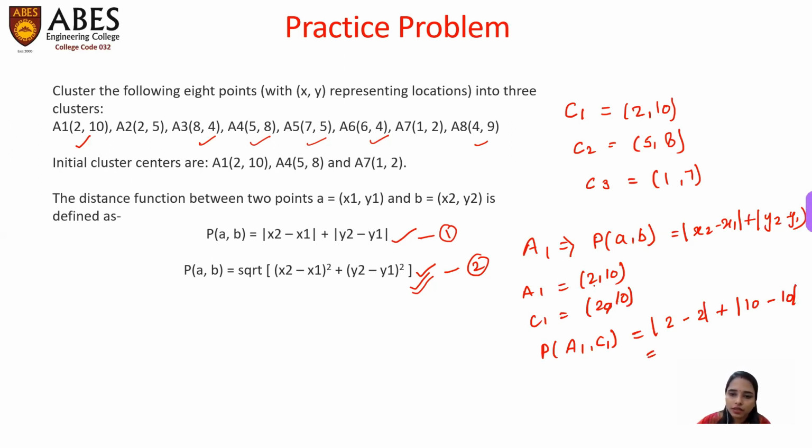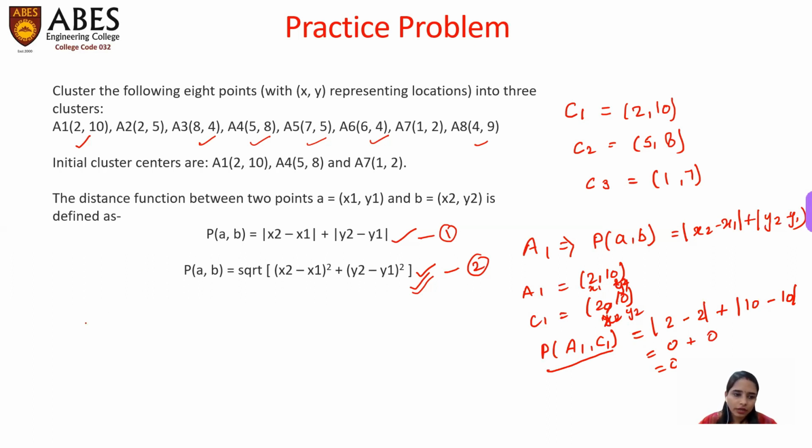Sorry, these are x1, y1 and x2, y2. So 2 minus 2 is 0, plus 10 minus 10 is 0, equal to 0. So the distance of data point A1 from the center of cluster C1 is equal to 0.